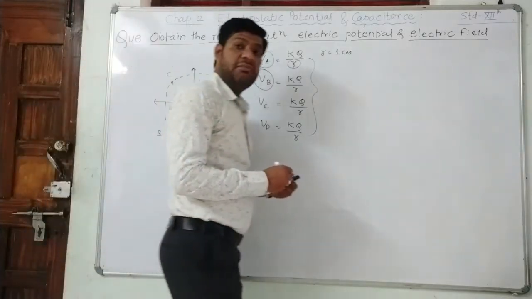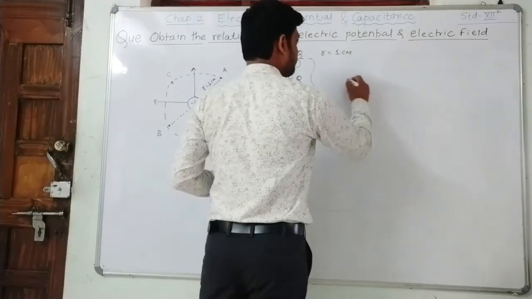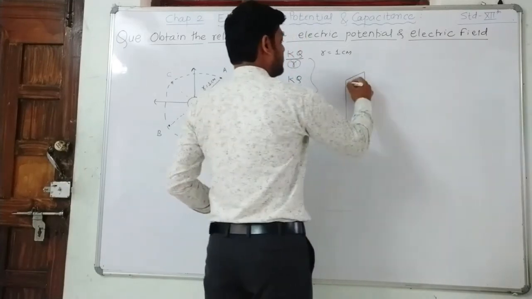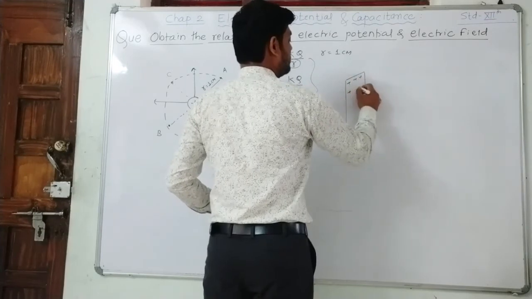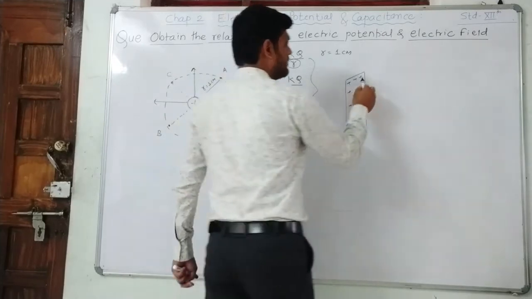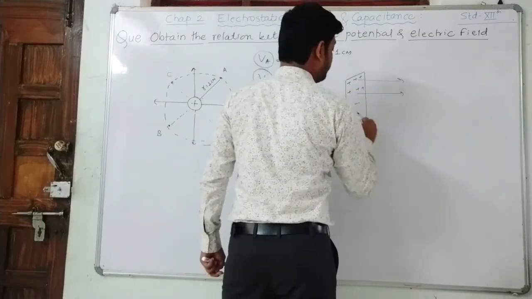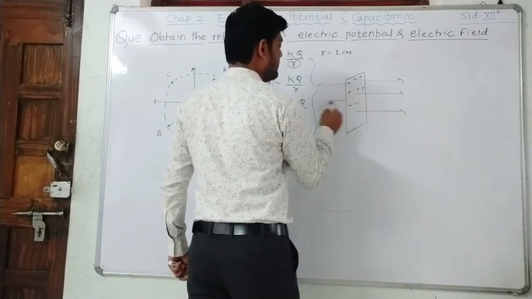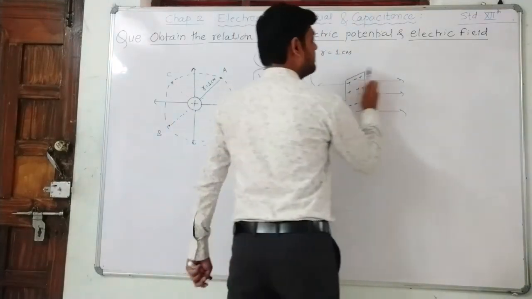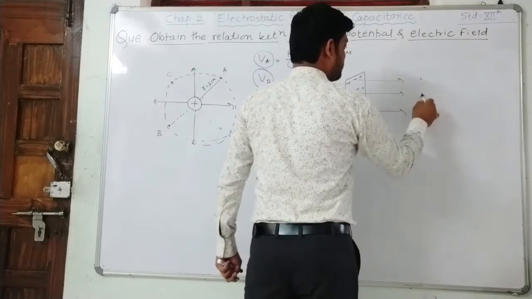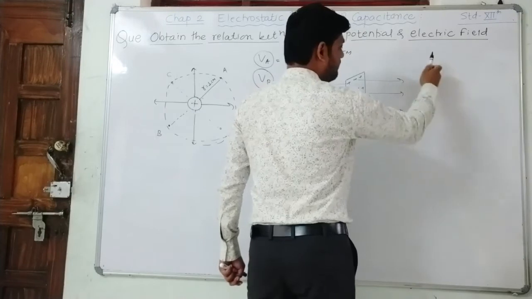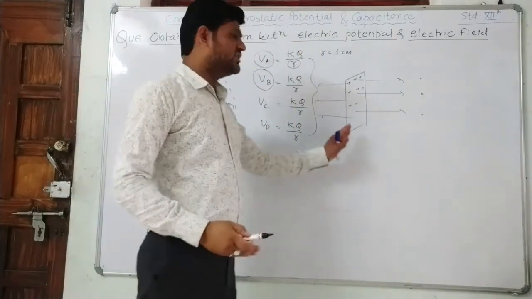Suppose we have a plane sheet, and charges are uniformly distributed on the plane sheet. So we can draw electric field lines; they move away from the sheet. Suppose at a 1 meter distance from the sheet, all the points are at a 1 meter distance from the sheet.